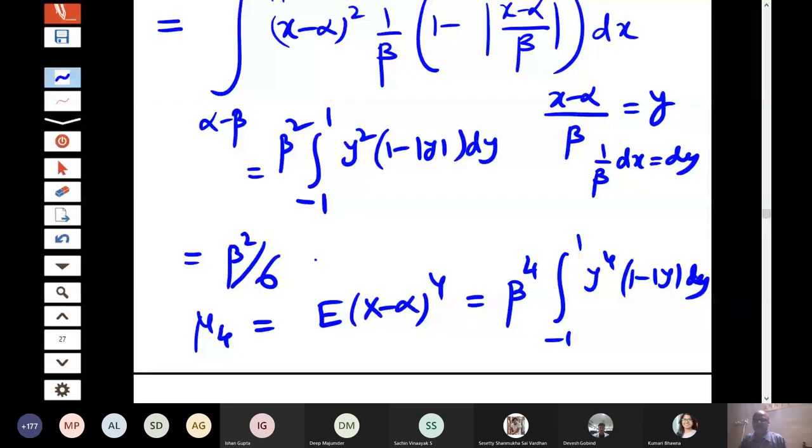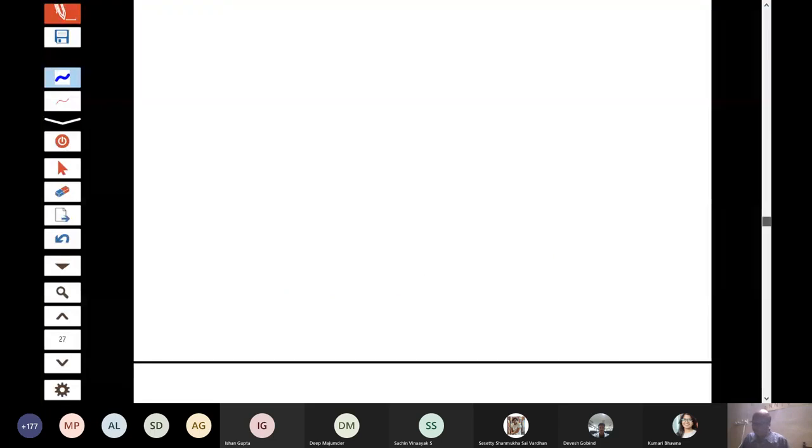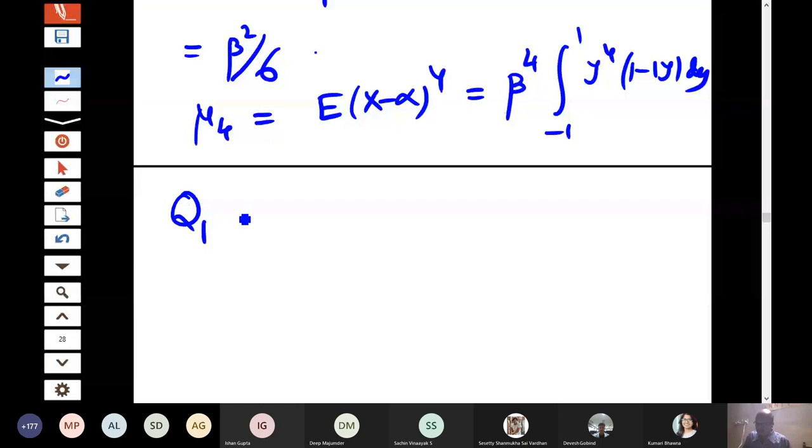Here x is less than alpha, so it will become (alpha minus x) by beta dx. So that value you will put there. You can check your calculation. It will become q1 is equal to alpha plus beta into 1 minus 1 by root 2.